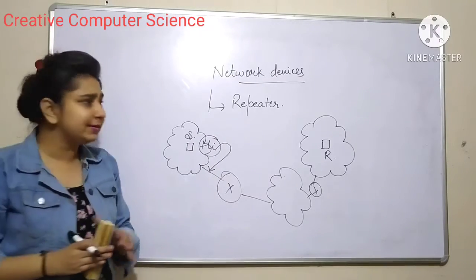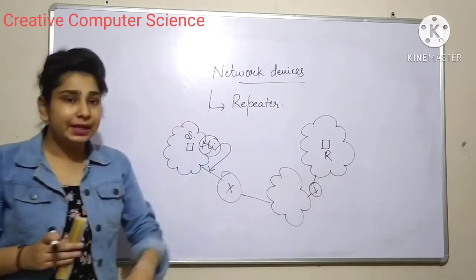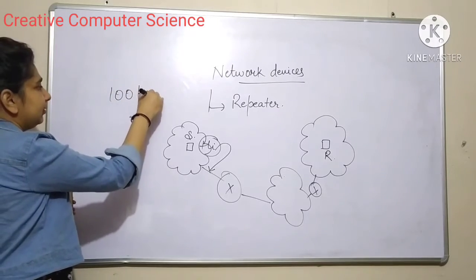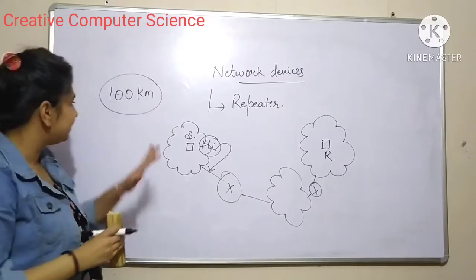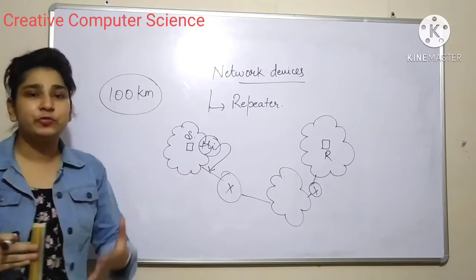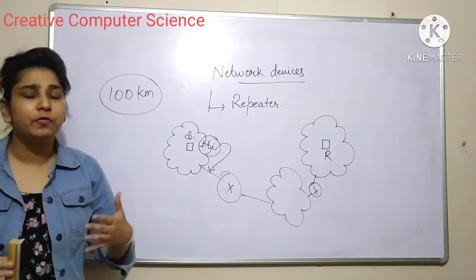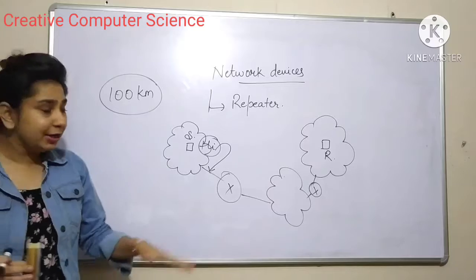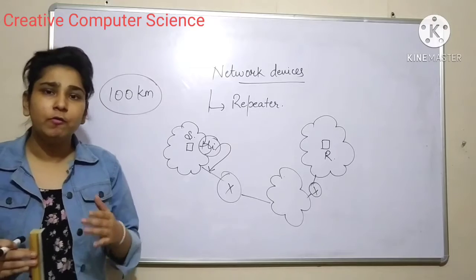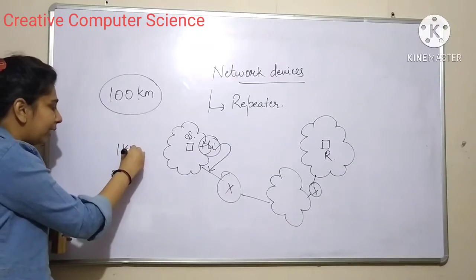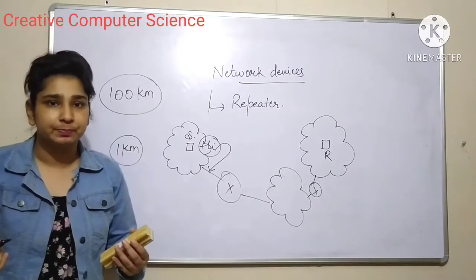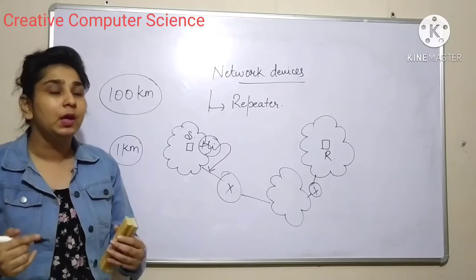Let's suppose the distance between these two devices is 100 kilometers. The signal strength is going to be reduced after a certain period of time. Let's suppose after 1 kilometer, your signal is going to become weak.